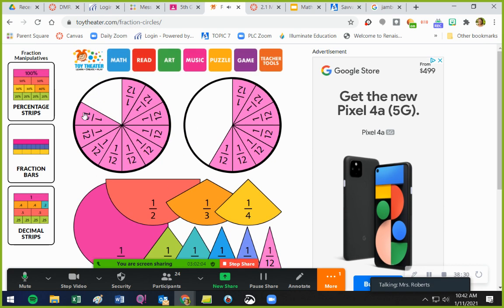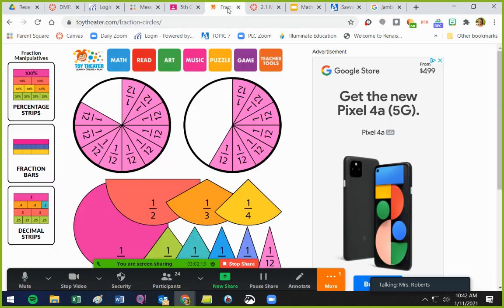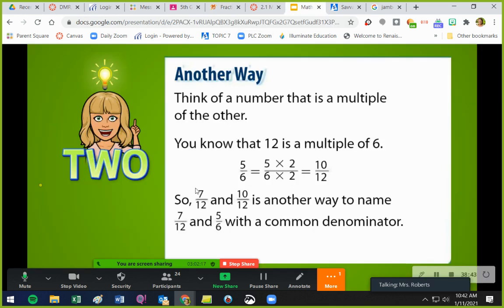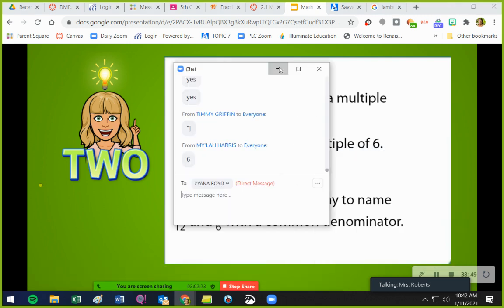Now, do you see how they're the same size pieces? So what they're showing on this one is that we took 5/6 and we made it 10 twelfths. 5/6 is now 10 twelfths. Now I can add them together. 7 twelfths was already out of twelfths, so I don't have to do anything with that one.